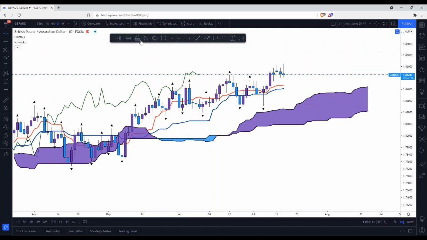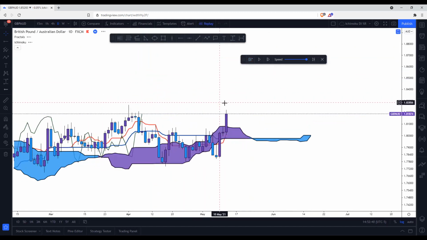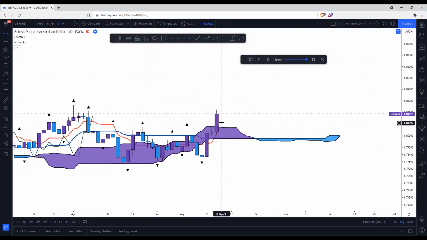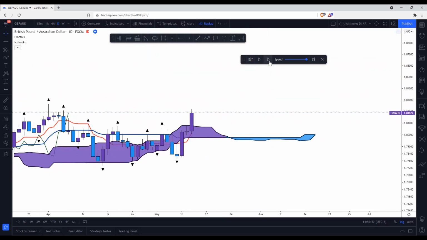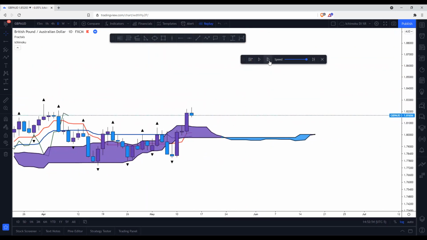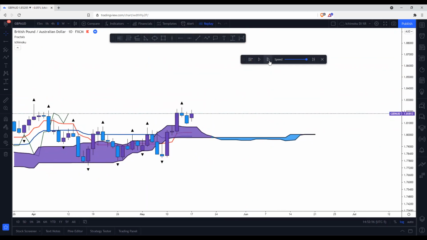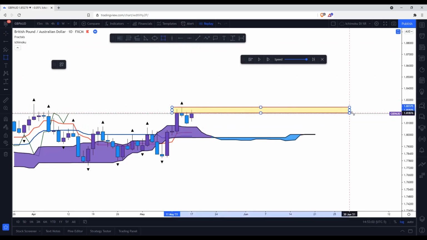Let's rewind time real quick. So this is the initial candle that you said you would have got in on, right? Yes. So let's play it. We don't have a fractal yet. We don't have a fractal yet. Now we have a fractal. All right. So what we could do is, once that fractal starts, let's automatically do this.